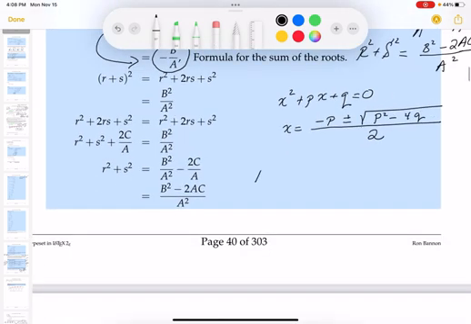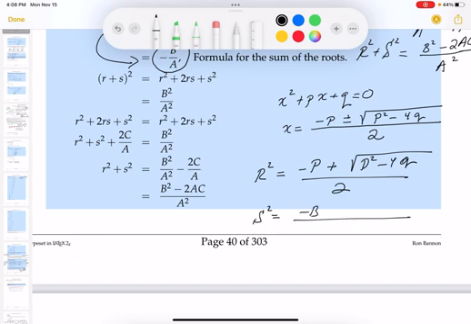So I'm going to put down r squared is equal to minus p plus the square root of p squared minus 4q over 2, and s squared is minus p, whoops, that's not right, minus p minus the square root of p squared minus 4q over 2.